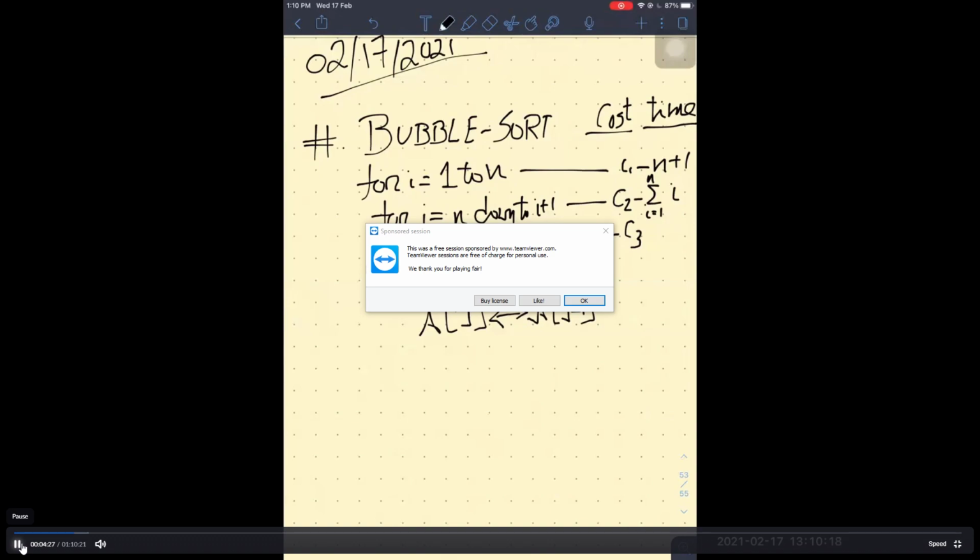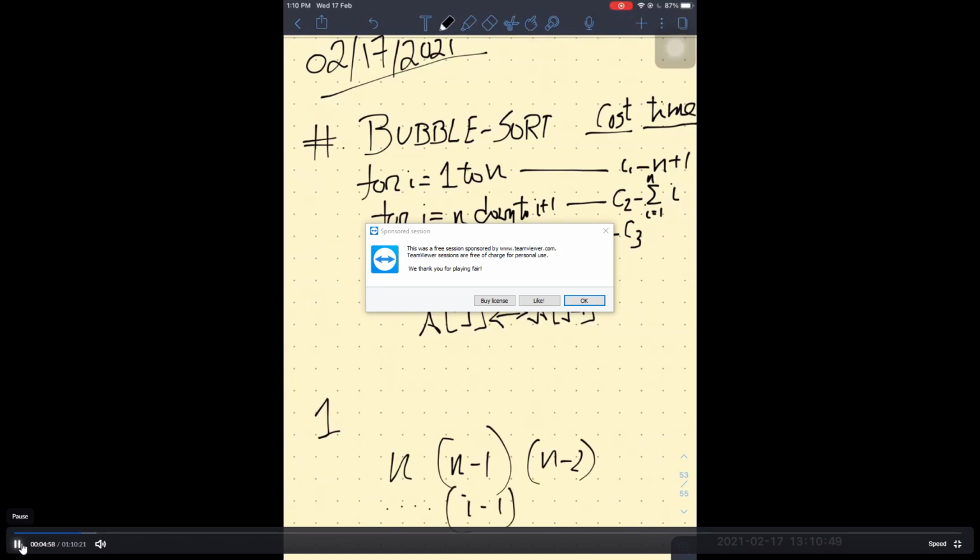Okay, let me explain. When i is 1, the inner loop will run from n down to i plus 1, meaning n, n minus 1, n minus 2, and so on.